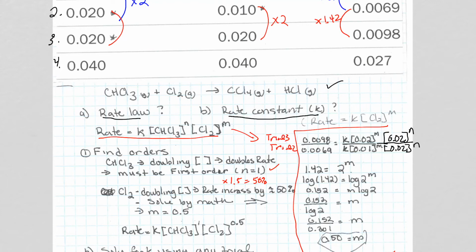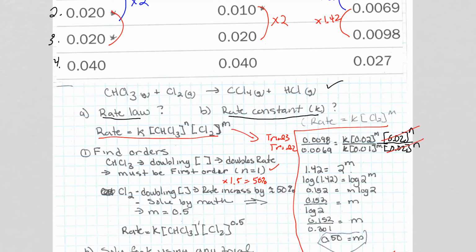Now, the reason I chose to do it this way is, why is trial 3 on top? Well, because it has the higher rate, and so it just makes the math a little bit easier, I think. As we go through this, we see that certain things cancel out. First of all, the CHCl3 terms cancel out, because the concentration of CHCl3 hasn't changed. That's why I didn't write it out initially, because it's going to cancel.